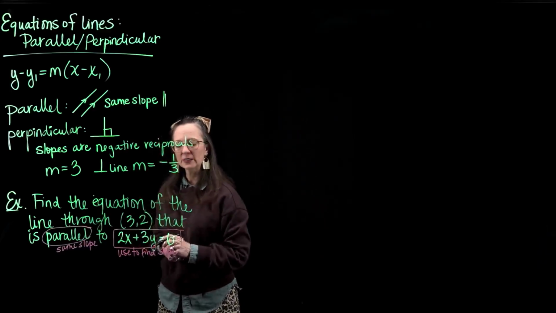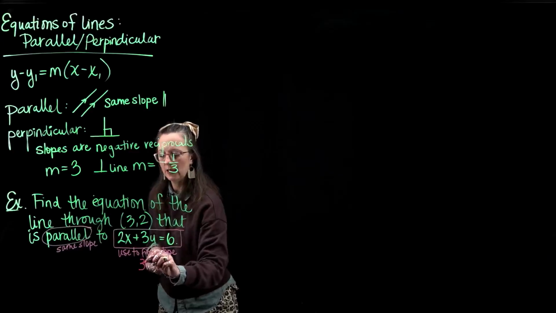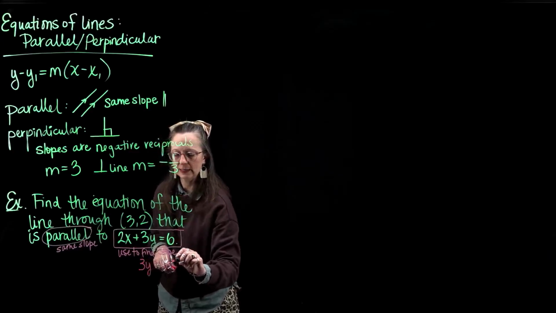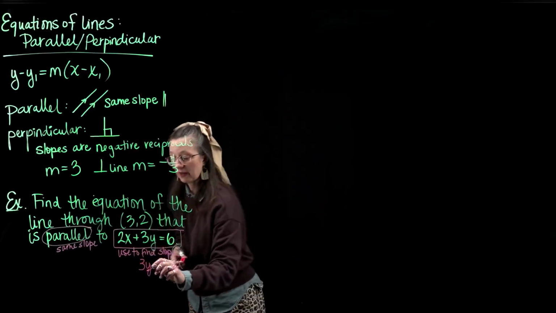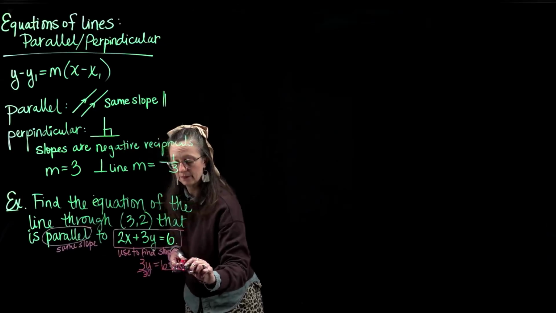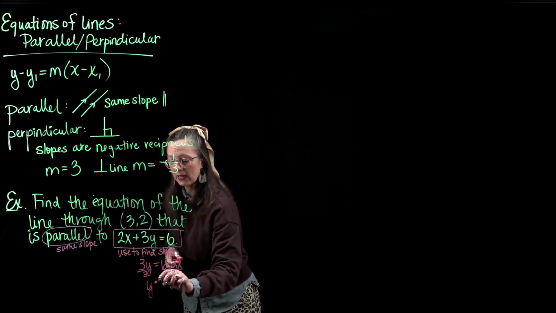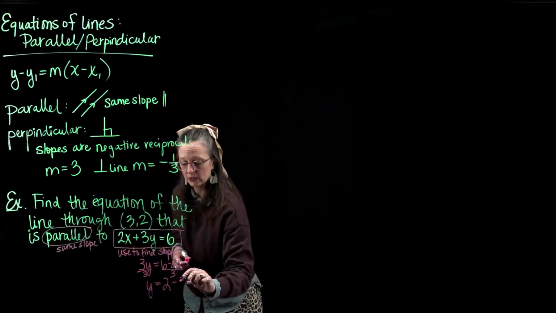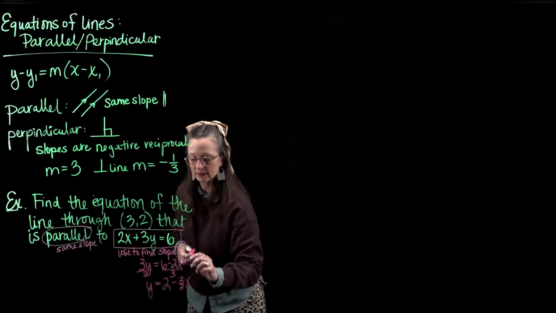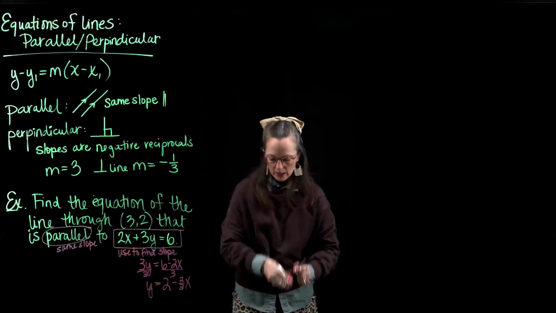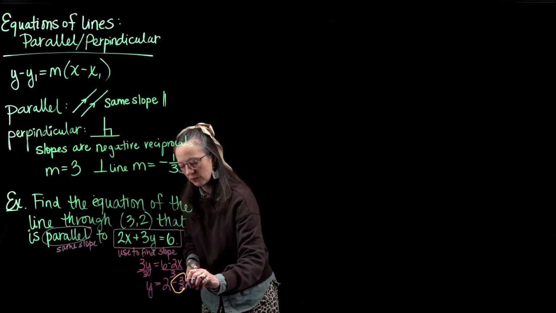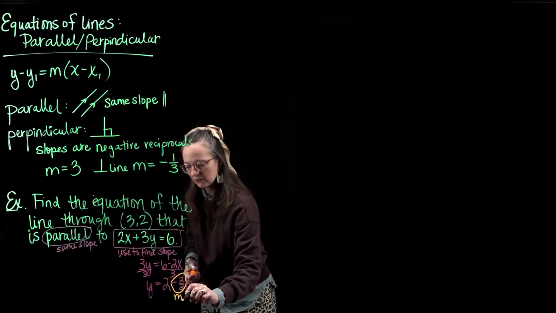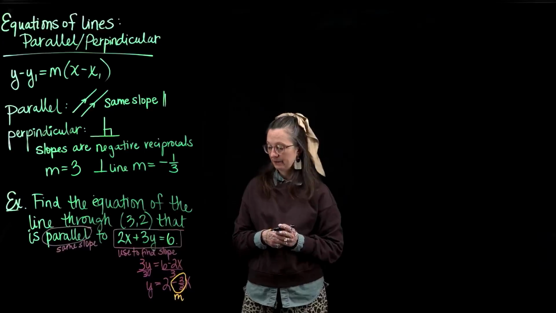All right, so 2x + 3y = 6. That means 3y is 6 - 2x. I'm going to divide by 3. And I get y = 2 - (2/3)x. Cool. From that, I know my slope is -2/3.